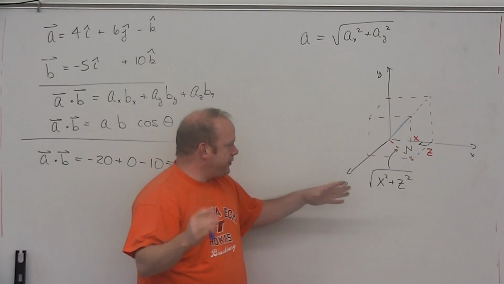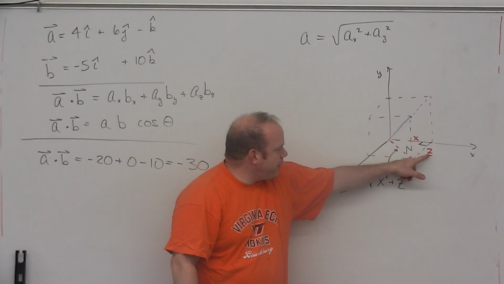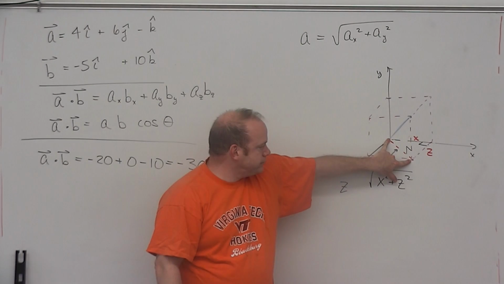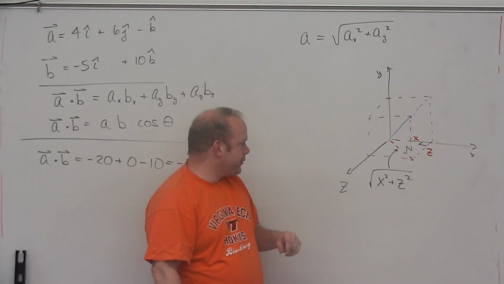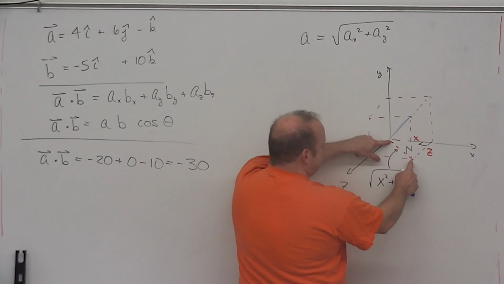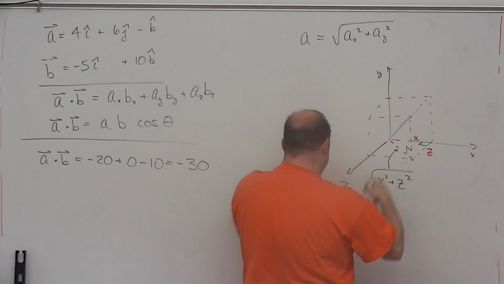I know this gets a little clouded here. But now, again, this distance squared plus this distance squared gives me that. That's along the xz plane. x squared plus z squared. If I take this distance squared and add it to this distance squared, I will get that.